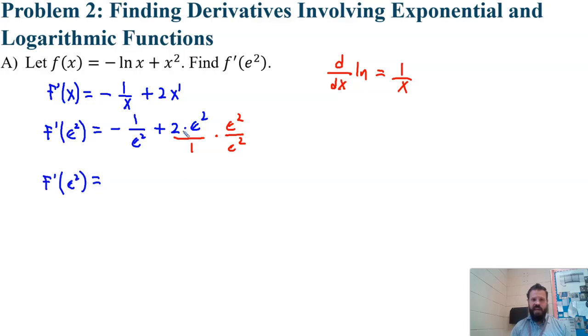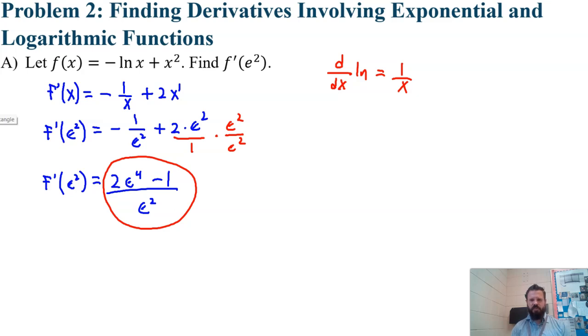And we could write this as 2e to the fourth minus 1, or we could flip that order, but I'm just picturing multiple choice time, them flipping it to make it look a little nicer, all over e squared. Again, that's all the simpler we can make it, but that'd be what I'd predict they give you as an option for the multiple choice part of the AP exam.